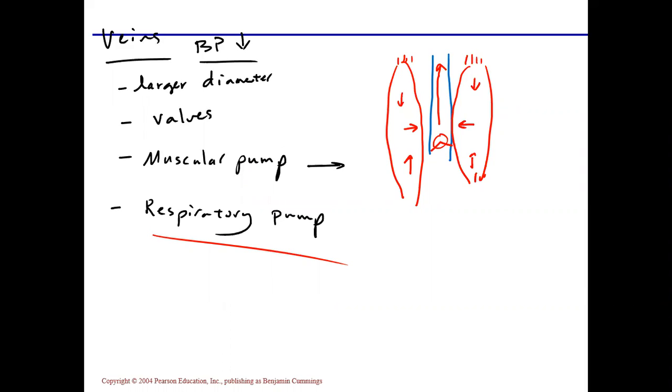When you inhale and exhale, there's a lot of pressure change, and actually a negative pressure is building up in your lungs. All of this helps bring the blood back from the very low pressure area towards the heart.